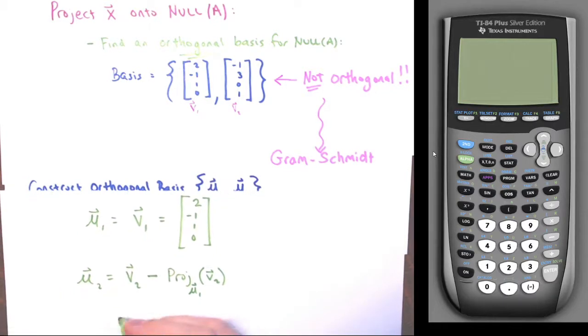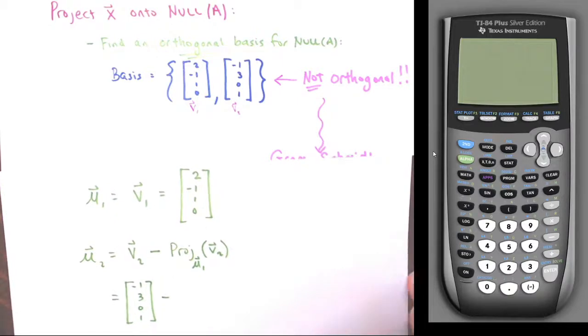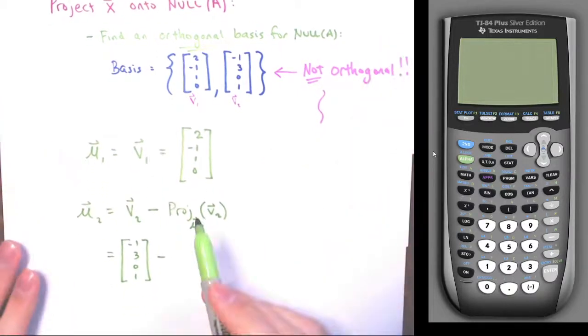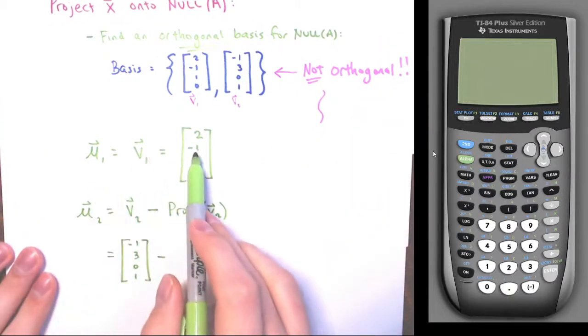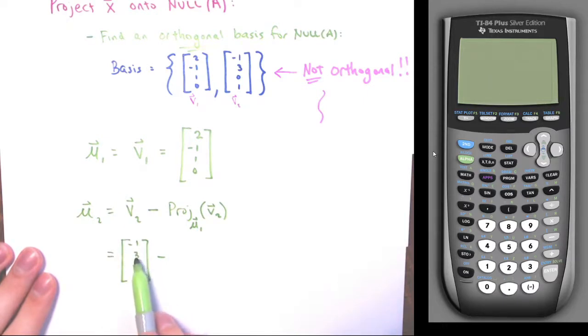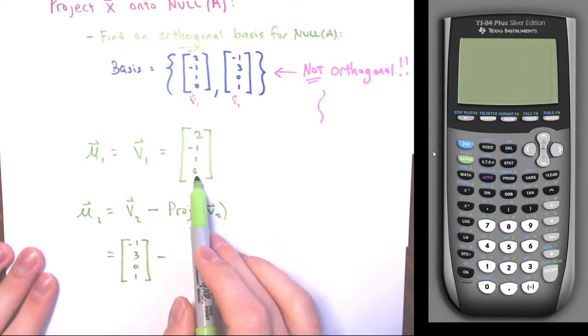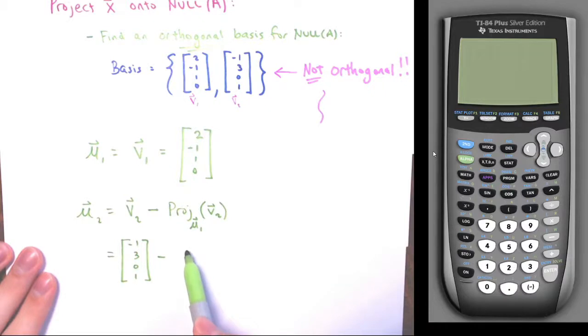So v2, that's -1, 3, 0, 1, minus the projection. We're projecting -1, 3, 0, 1 onto 2, -1, 1, 0.